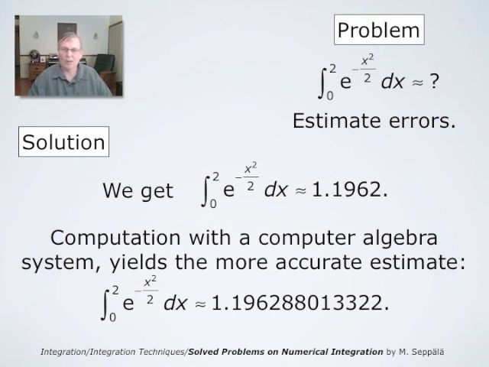So here, to get to these better approximations, we needed to figure out the direction of concavity of the graph of the function, and then use the midpoint and the trapezoidal approximations accordingly.